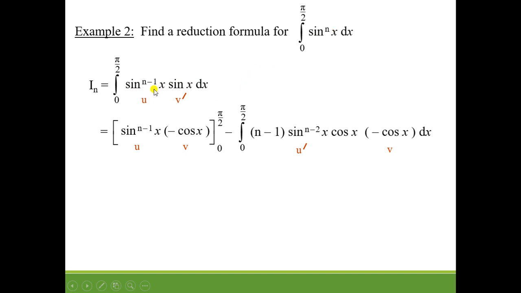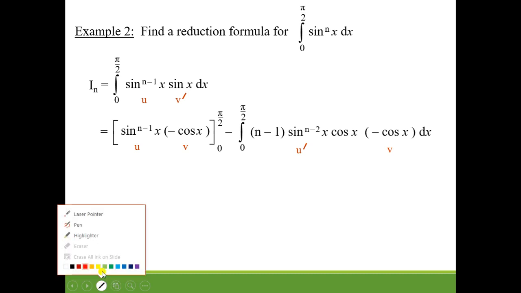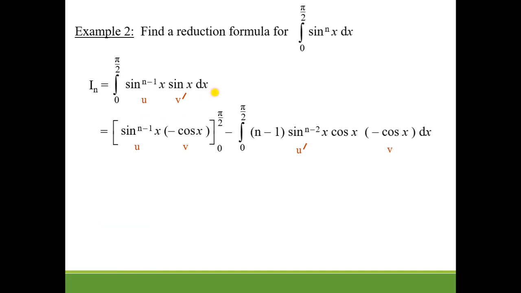If I write this as sin raised to n minus 1 x into sin x, the power of sin x is 1 here, and the power of the other sin is n minus 1. So this 1 and this minus 1 will get cancelled, and originally we will get sin raised to n x.